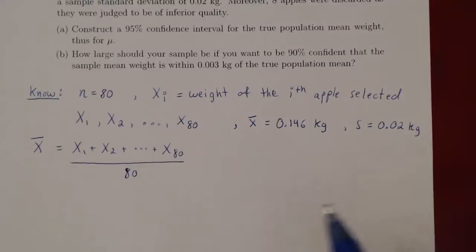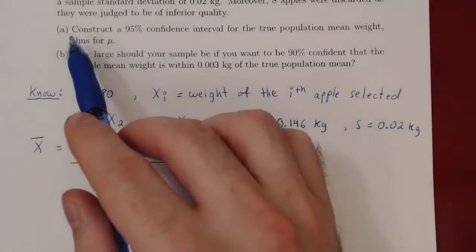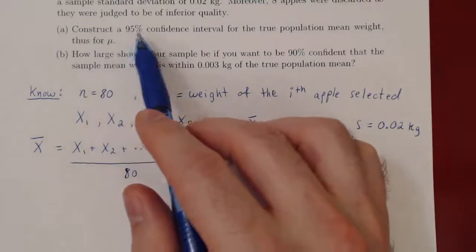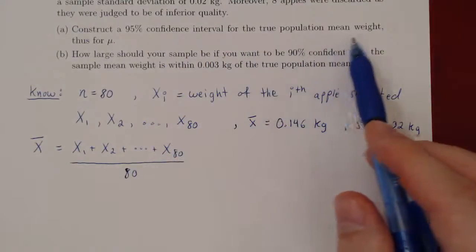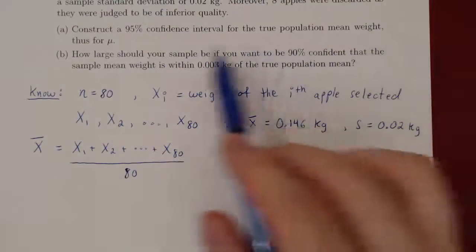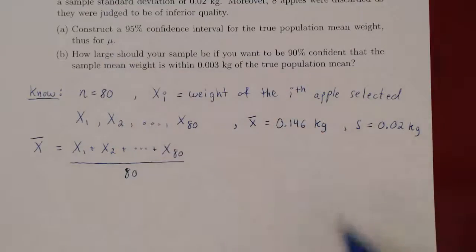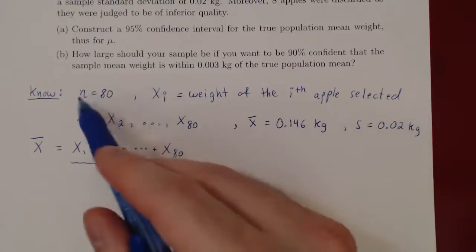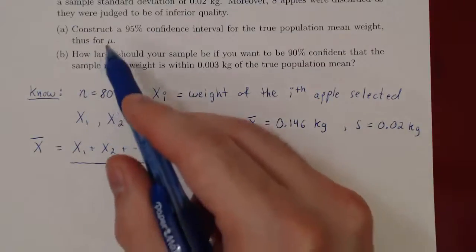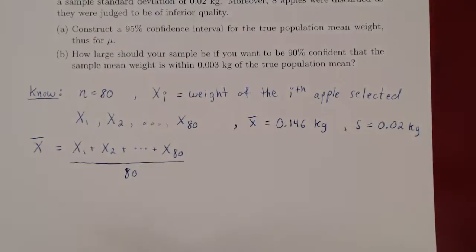So what is the question? The question is, part A, to construct a so-called 95% confidence interval for the true population mean weight, and that is for mu. Right? X bar is the mean weight we obtain from our sample of 80 apples. Mu is the true average weight of all the apples that the factory would ever process.